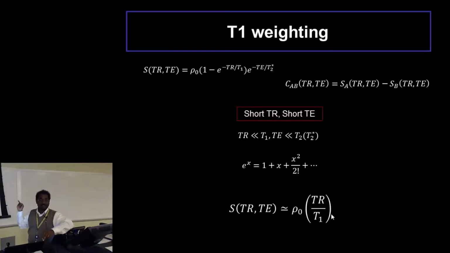Now the other thing that I want you to notice is the proportionality to TR. Remember the discussion that we had yesterday, in the previous class, where we said in the 2D case, your signal was actually proportional to your TR. The longer the TR, the higher the signal, right?